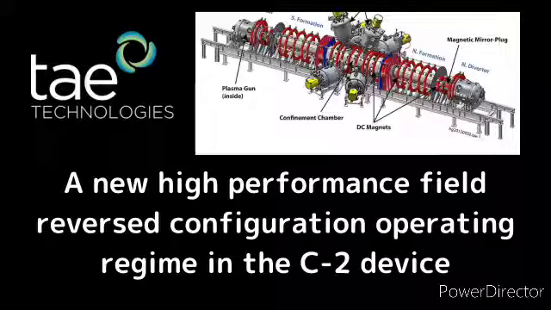The n equals 2 mode can be stabilized with external multipole magnetic fields, a technique used in most FRC experiments following the PIACE result. Quadrupole magnetic fields are used in the C2 device to permit side-on NB access.